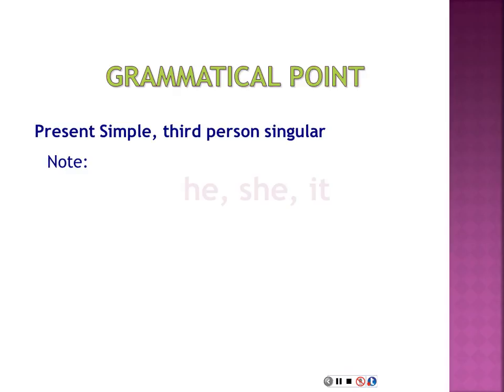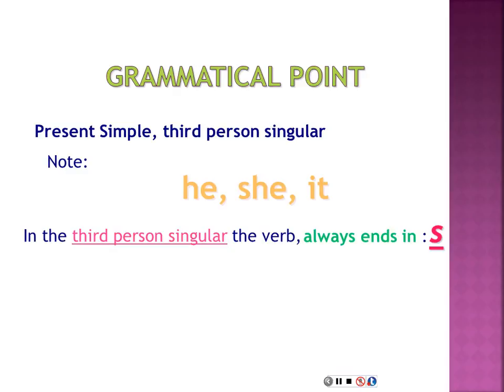When we talk about شخص غائب مفرد, we have a rule. Okay, well, for example, he, she, or it, when we have them in the sentence, in the third person singular, the verb always ends in s. So we add s to the verb when we have in a sentence he, she, or it. When the subject is he, she, or it, we add s to the verb.